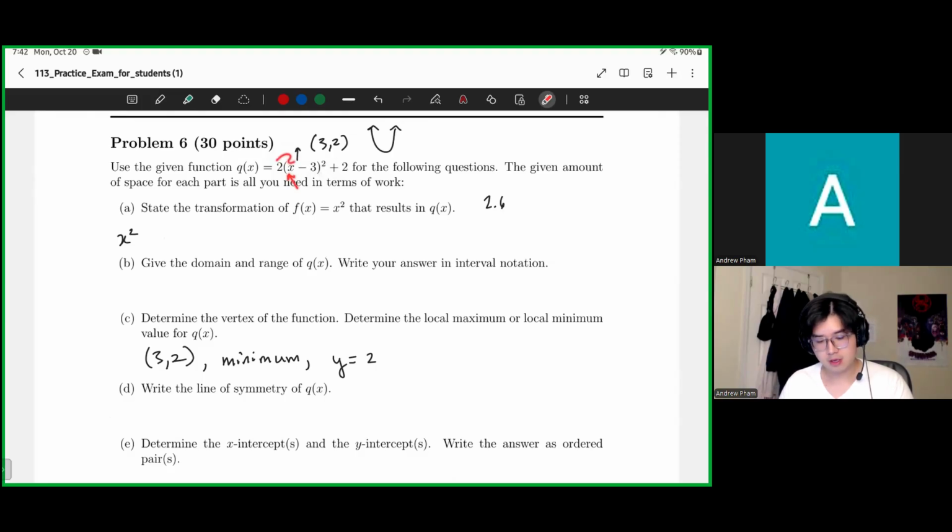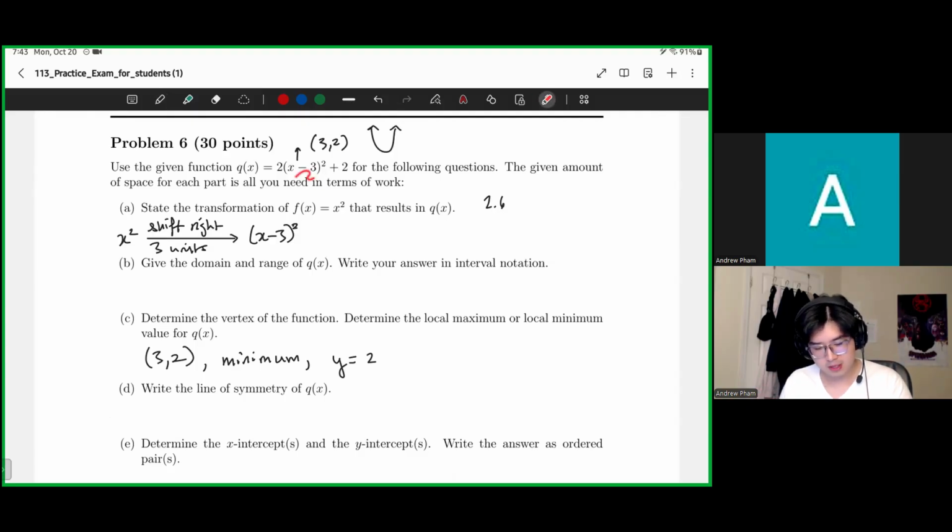But there's a minus 3, so there's an additive transformation horizontally. This is our first transformation. I go from x squared to (x minus 3) squared. And contextually, I am shifting right 3 units. So we already took care of all the horizontal transformations that are possible here.